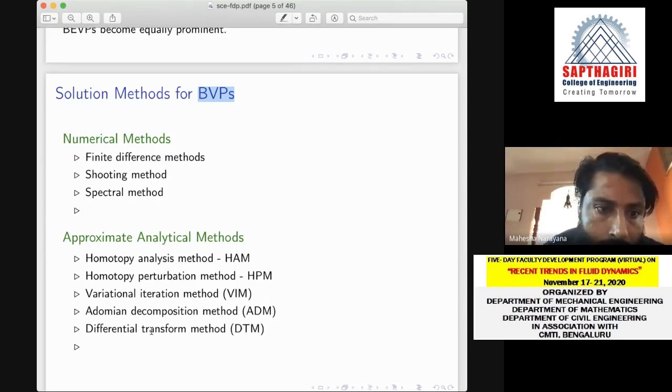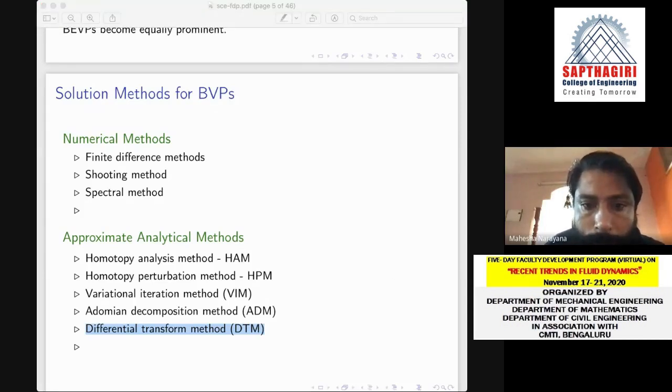All right. So I will show how this differential transform method, which is used for solving initial and boundary value problems, could be implemented for the case of boundary eigenvalue problems.